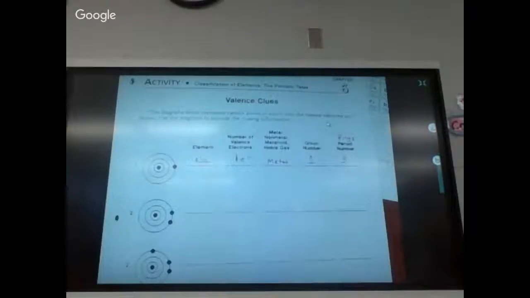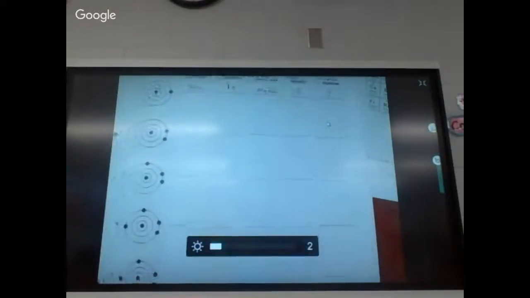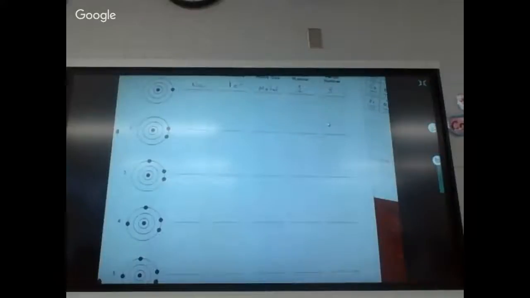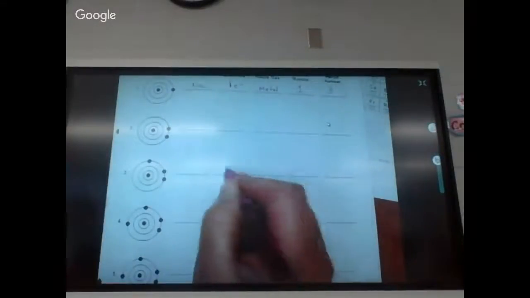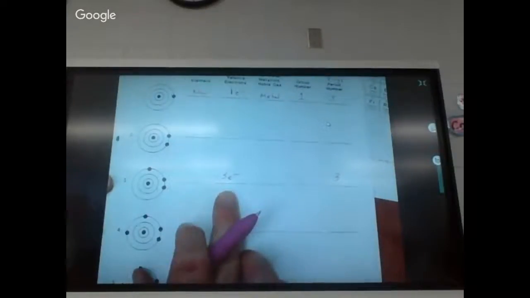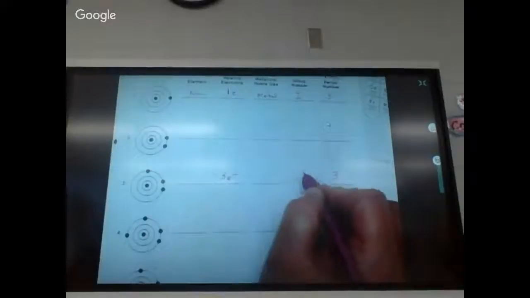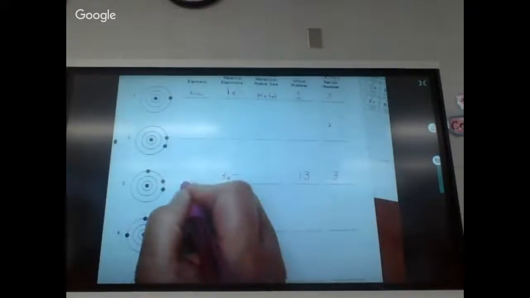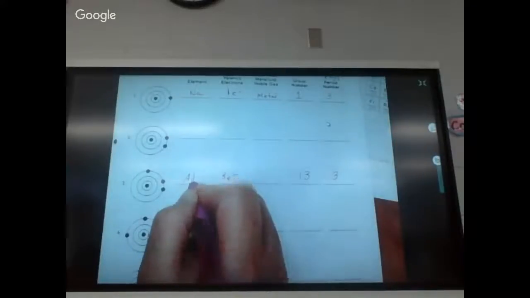All right. So if we look at number 3, how many electrons do we have? How many rings do we have? All right. So if we have 3 electrons, what group are we in? 13. What element are we? Aluminum.